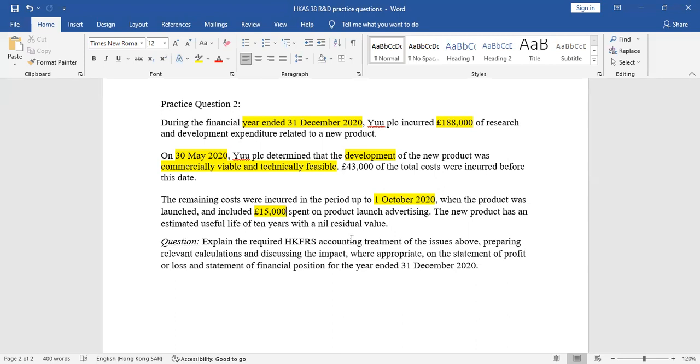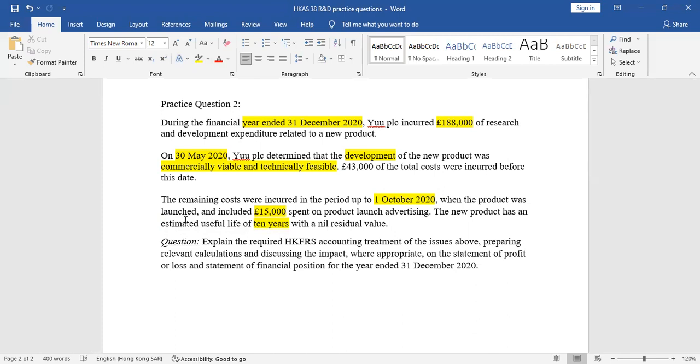The new product has an estimated useful life of 10 years with a nil residual value. Again, this is important because there's depreciation for assets. So the life of the asset is 10 years. They have given you this information because it's useful. So 188,000 is the total expense, minus 43,000, minus 15,000.